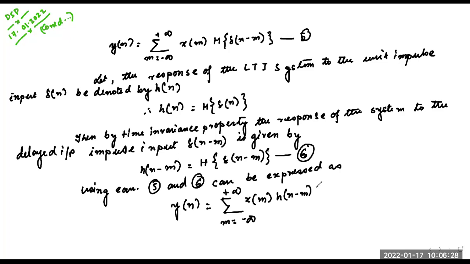So from the above equation, we can represent the convolution of the input x[n] with the impulse response h[n] to yield the output y[n]. Hence, it is proved that the response y[n] of an LTI discrete time system for an arbitrary input x[n] is given by the convolution of the input x[n] with the impulse response h[n] of the system.